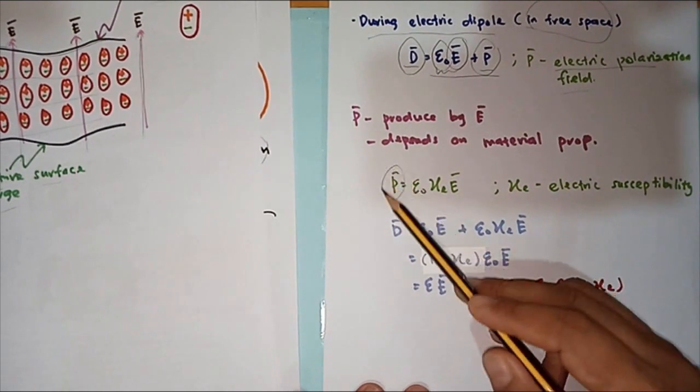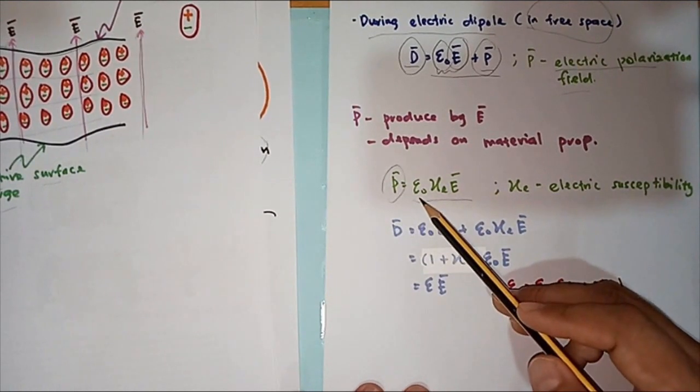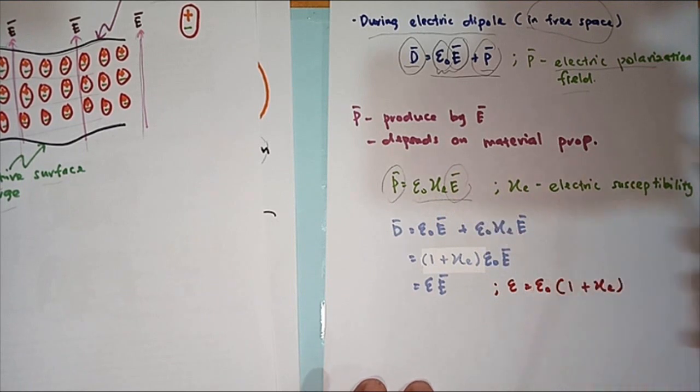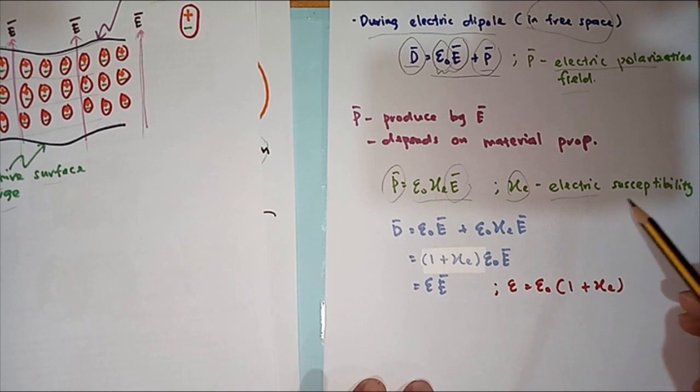The vector P is given by epsilon naught χe multiplied by the vector E, where χe represents the electric susceptibility.